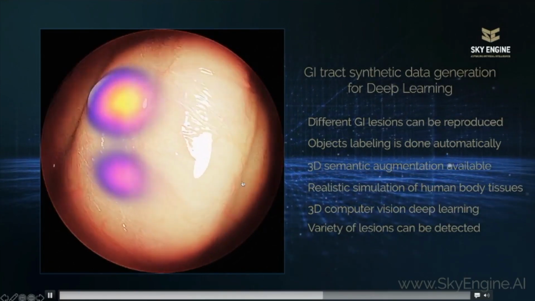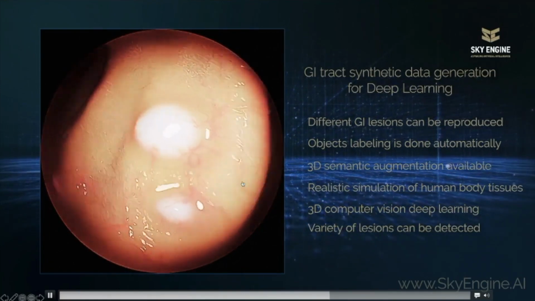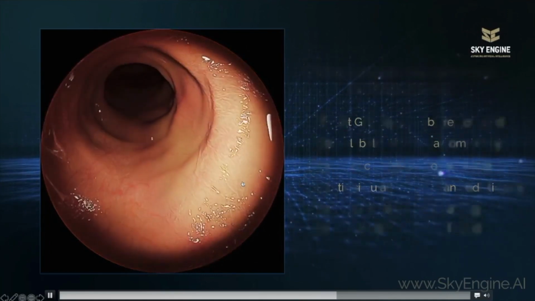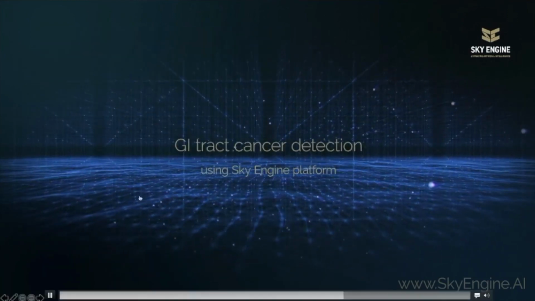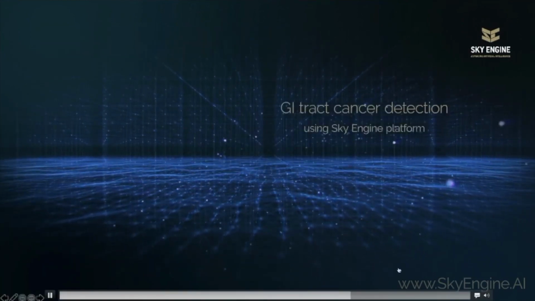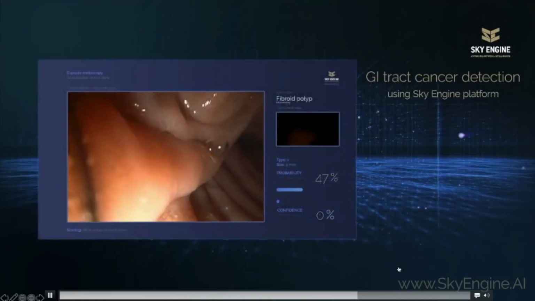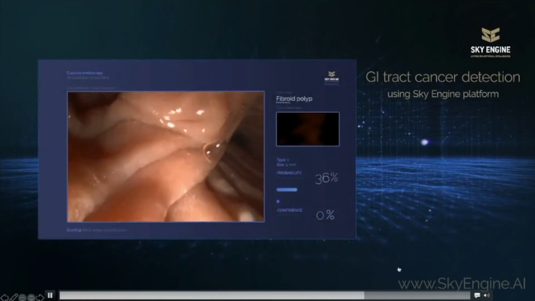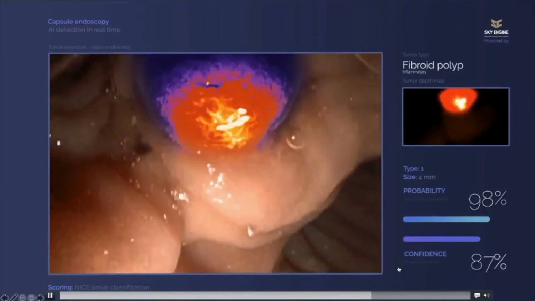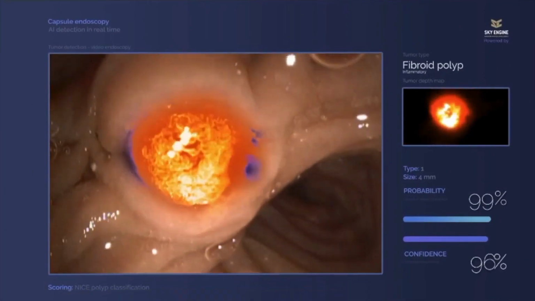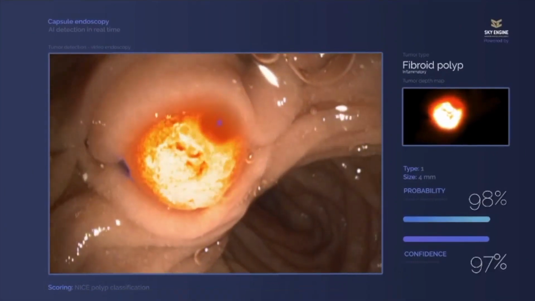But next, we will see detection of the same types of cancer on the real data set. Here we have some real images and a model trained in the synthetic environment of SkyEngine, with inference on real images.